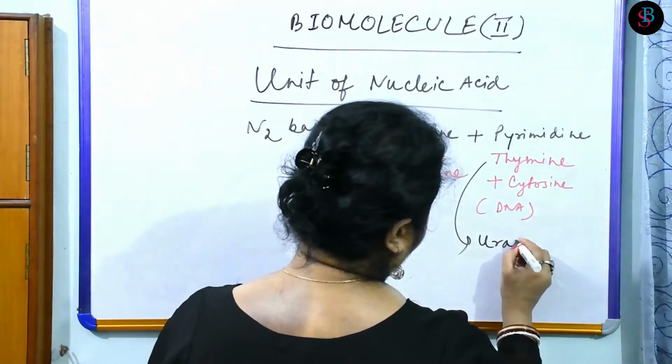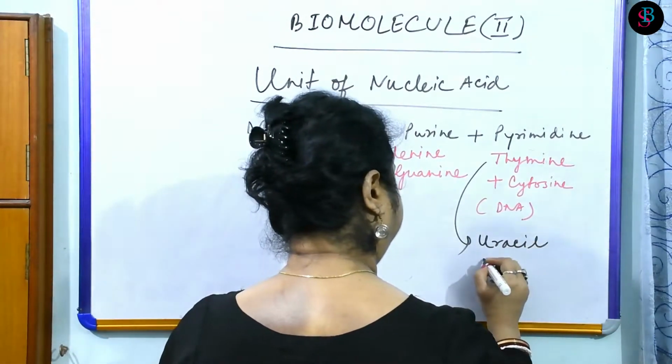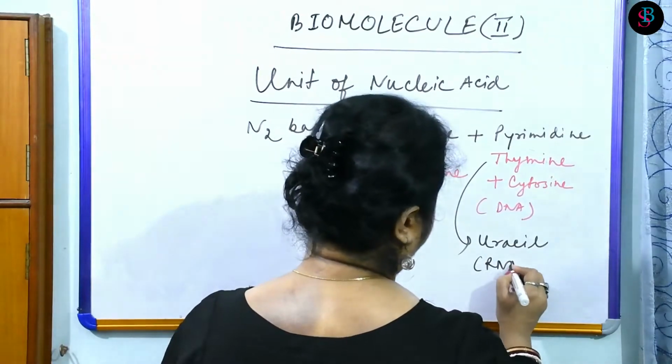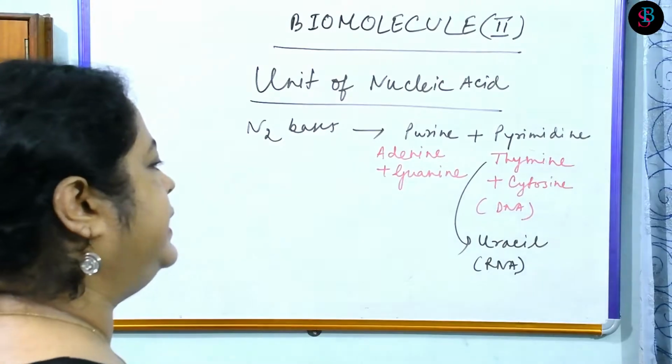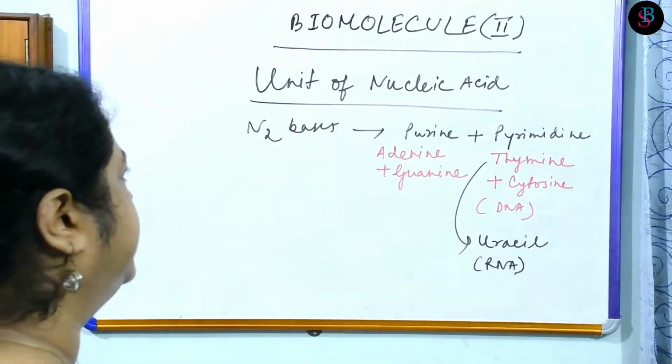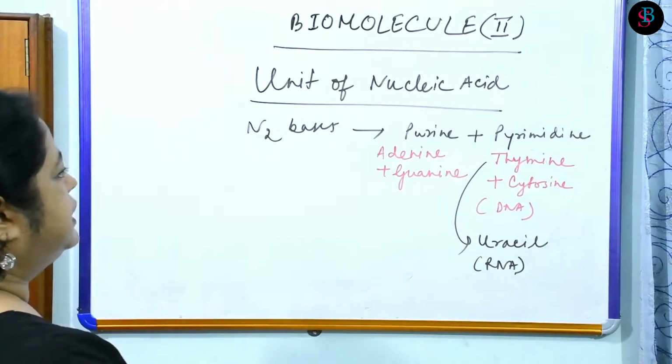Uracil is another type of pyrimidine which is present in RNA. So uracil is the nitrogen base present in RNA, and thymine is present in DNA. Now this is about nitrogen bases, and then the sugar is pentose sugar.